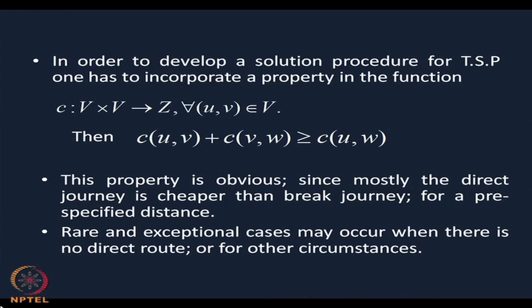Now, in order to develop the solution procedure for the travelling salesman problem, one more condition has to be used: C of u v plus C of v w should be greater than or equal to C of u w.